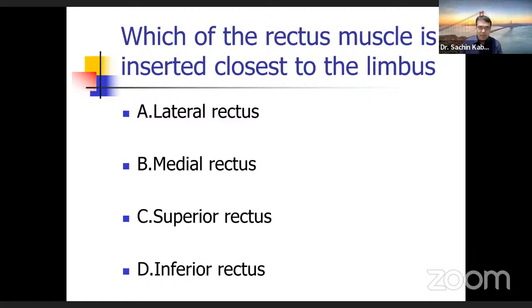Question on anatomy. Which of the rectus muscles is inserted closest to the limbus? Option A, lateral rectus, option B, medial rectus, option C, superior rectus, and option D, inferior rectus. Your time starts now.